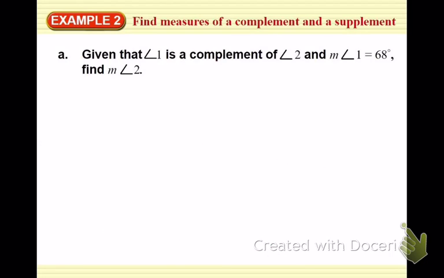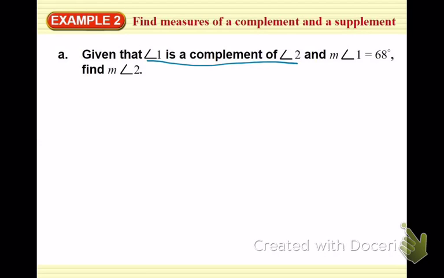Now, a couple of quicker, easier examples. Here we're told that angle 1 is a complement of angle 2. And it doesn't mean they go well together, right? Like accessorizing your wardrobe. What this means is that angle 1 and angle 2 form a right angle, or they add to 90.